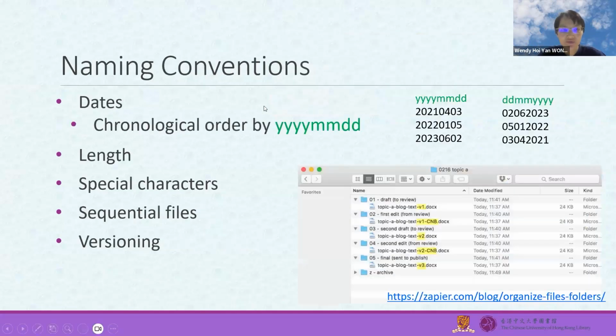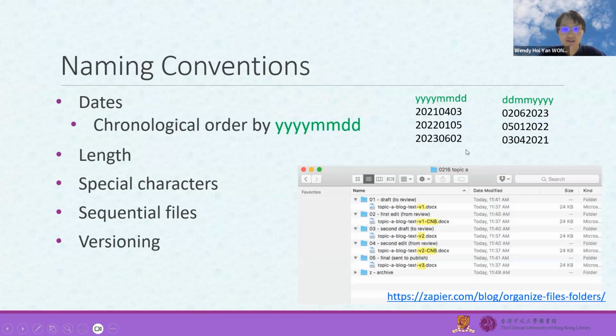When you save your file, there are some conventions for naming your data. It is best to have some chronological order, but to use chronological order, think about whether you will use YYYY, that is the year comes first, or the date comes first.